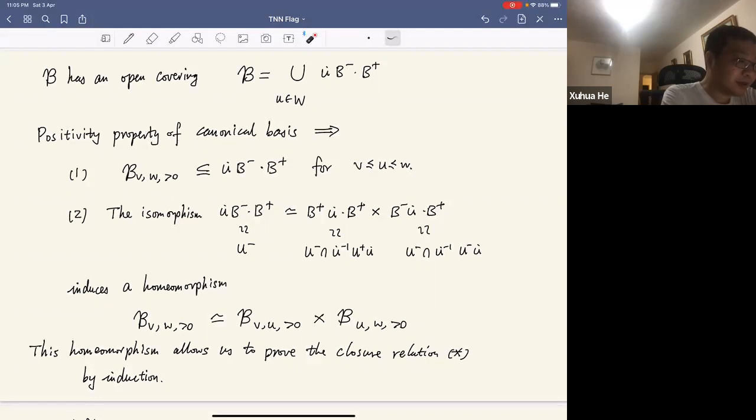Then we show that this cell is contained in any of the open parts of the flag variety once we have this U lying between V and W.